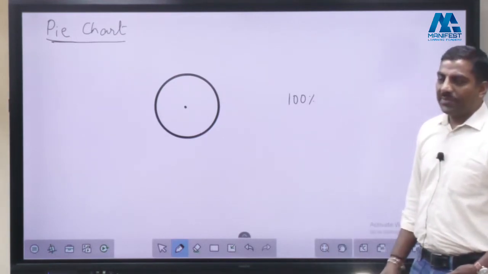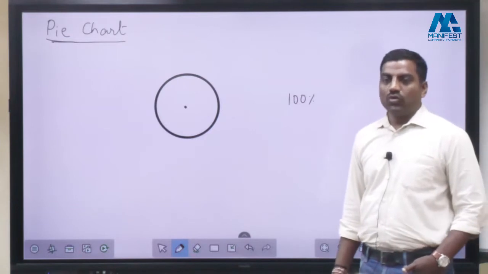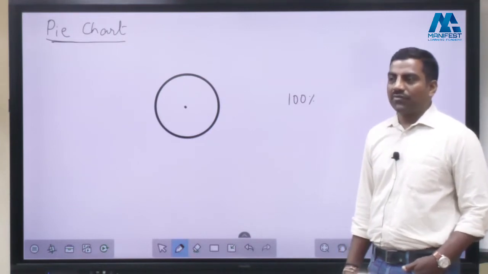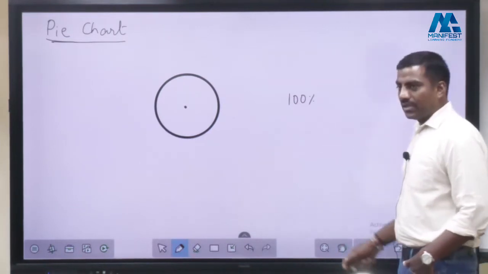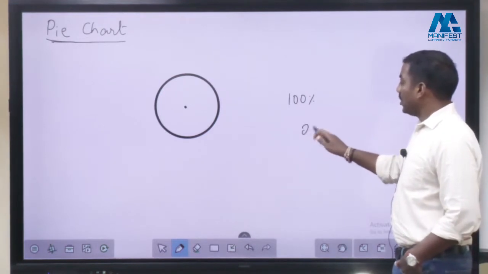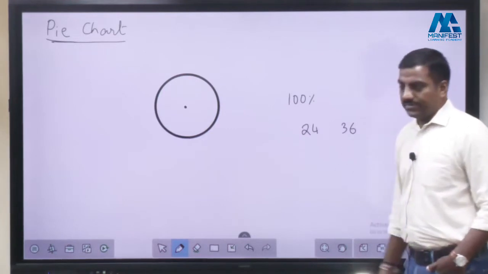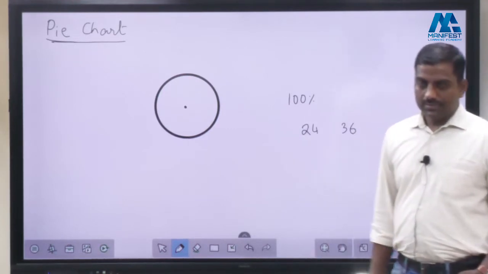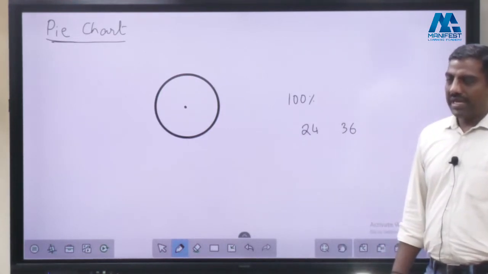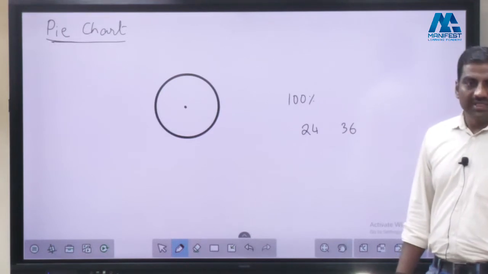So can you represent that with respect to a pie chart? For example, the number of girls and boys in the class. Let's say 24 girls and 36 boys are there in the class. If you add them, this is 100% of the strength.